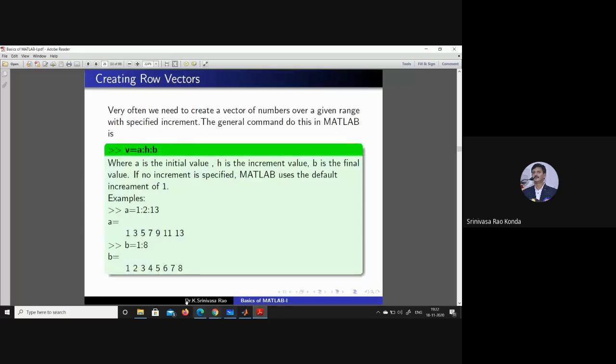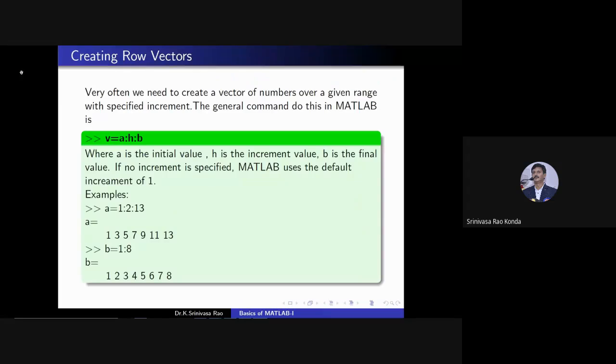The most important operator, this one. The syntax of the colon operator is A colon H colon B, where A is the initial value, H is the increment value, B is the final value. If no increment is specified, MATLAB uses the default increment of 1.